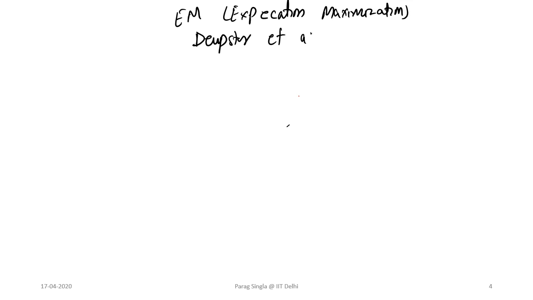Let's come to the EM algorithm, which is expectation maximization. This is based on a paper by Dempster et al. back in 1977, and it is one of the very important and very popular algorithms in machine learning to deal with the problem of missing data.